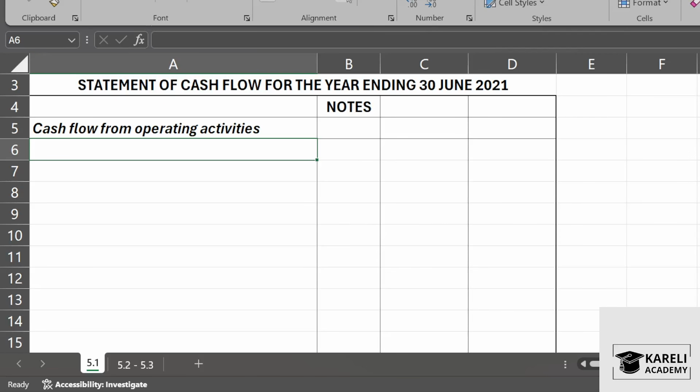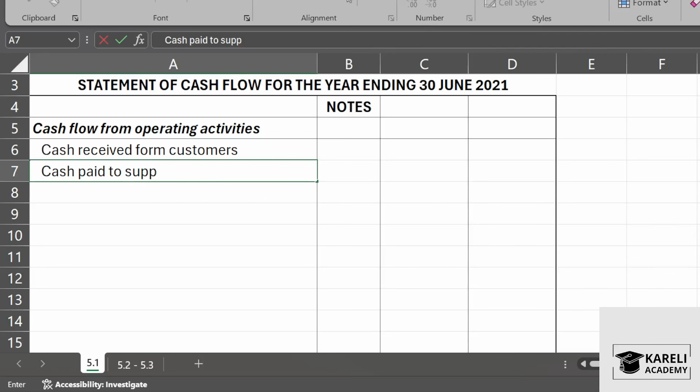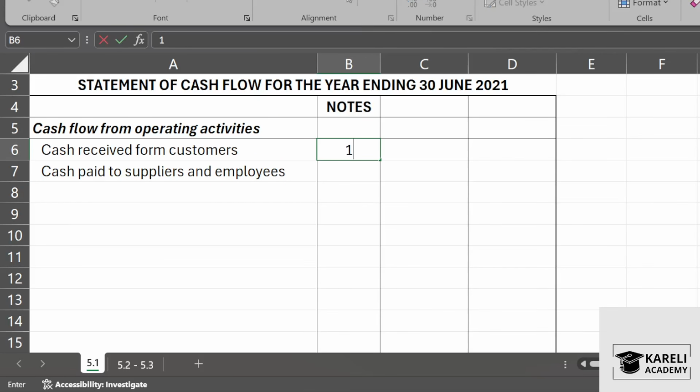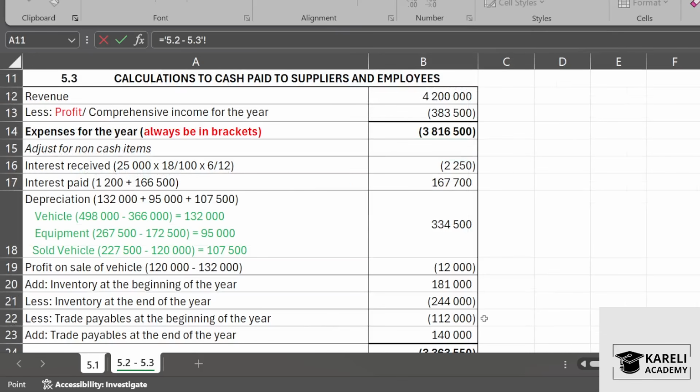Under cash flow from operating activities, we will have cash received from customers and cash paid to suppliers and employees. This is note number 1. This is note number 2. Where do you take them? Take them from the notes.